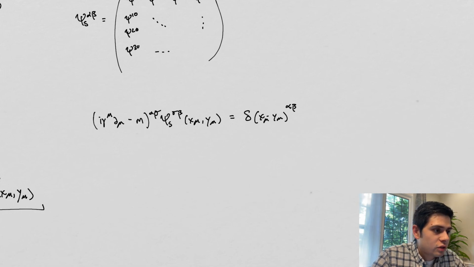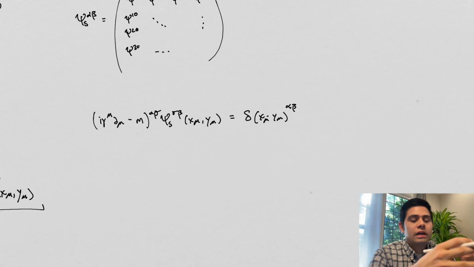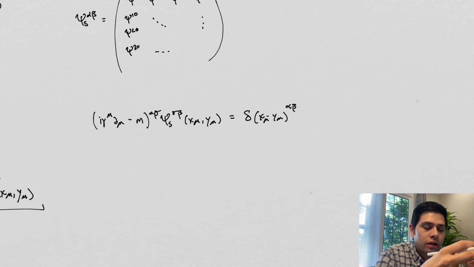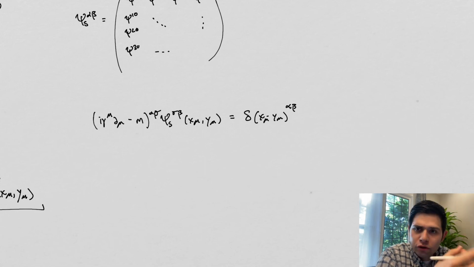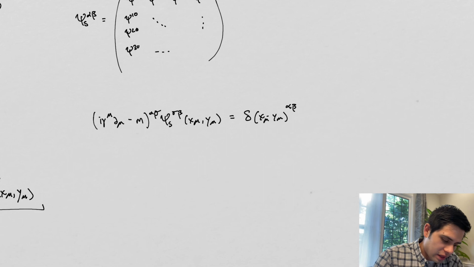And so with that being said, I'll just talk about what we're going to do in the next video. The next video is going to talk about, we're really just going to take these functions, or these Green's functions for the Dirac equation, and we're just going to prove that they work by putting them into here.